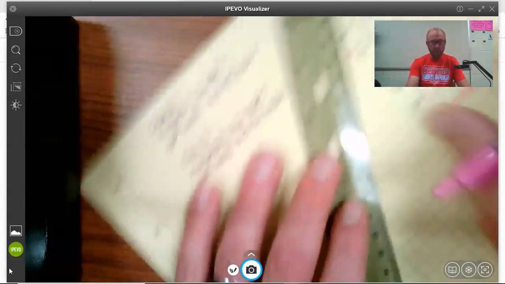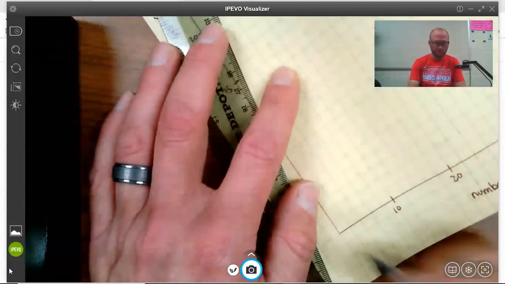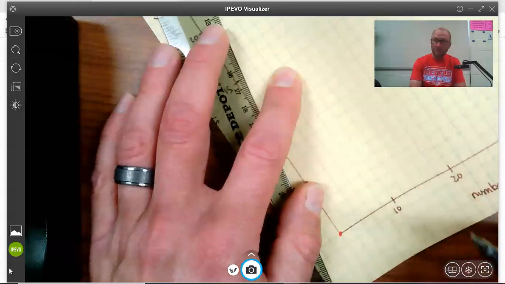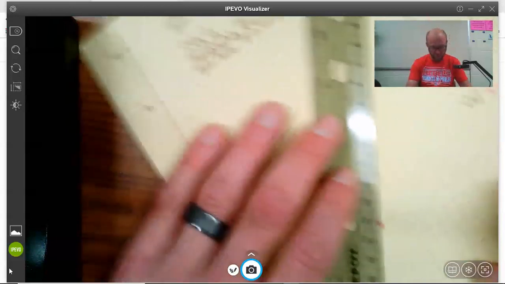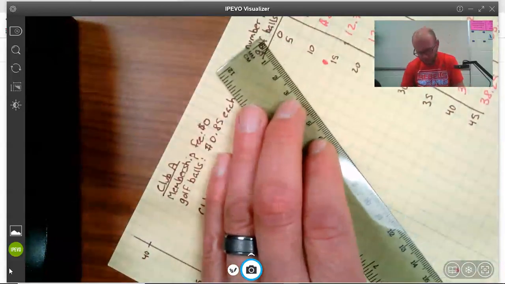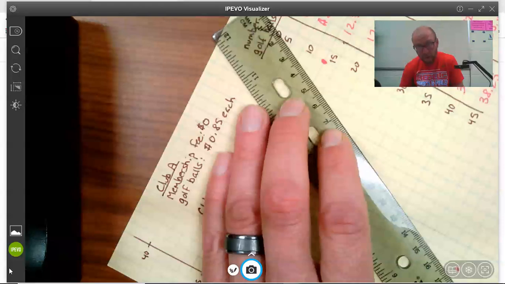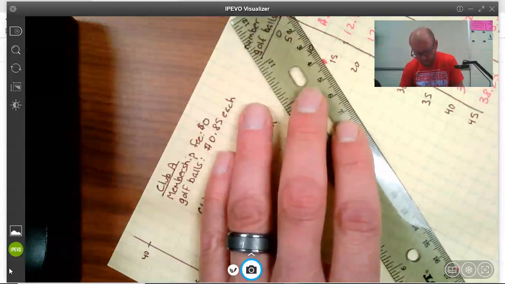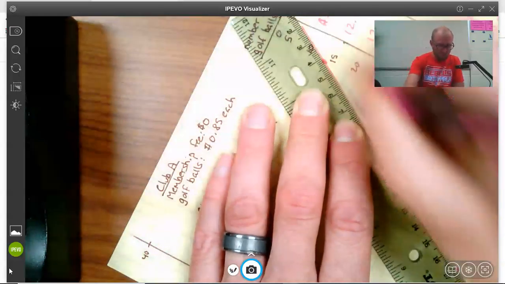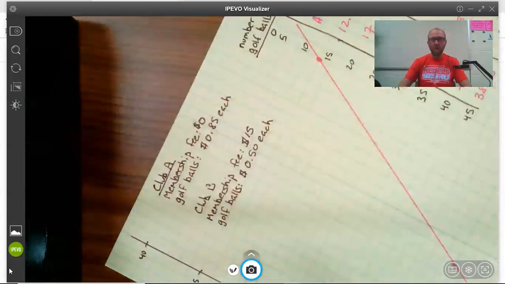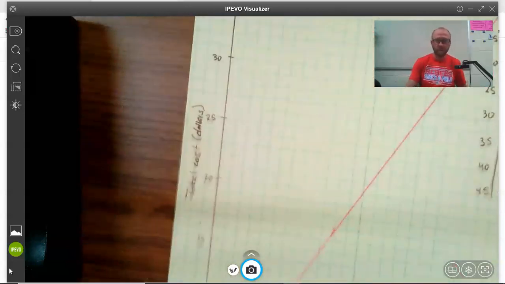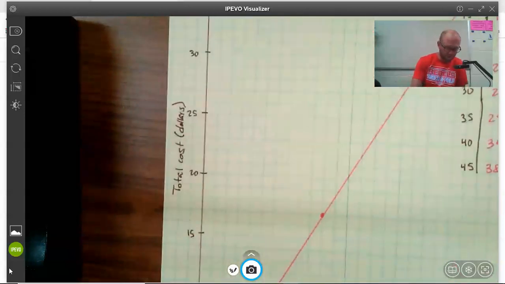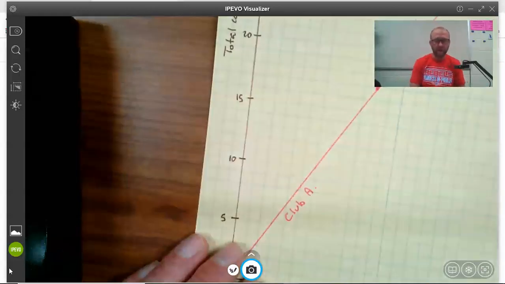So I'm going to put my ruler way down here, $0 for 0 golf balls, and we'll go all the way up through our graph here. Kind of hard to draw. Alright, pretty good there. So this is Club A. I'll write that down here, Club A.